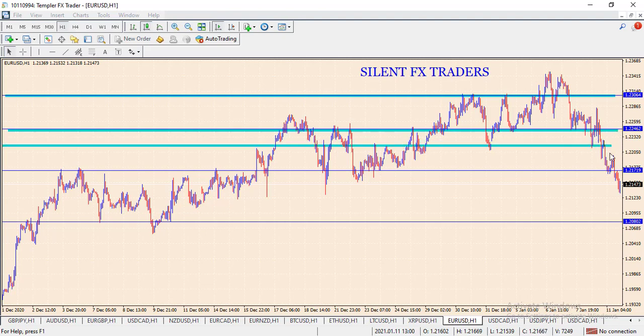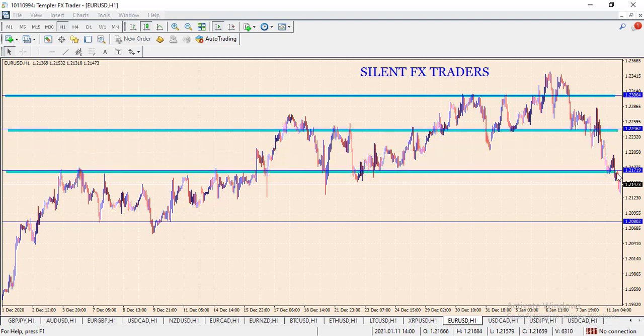This is our second level. This is our third level. And this is our fourth level. Now, we have already drawn our support and resistance level in an easy way. It just took us, guys, 3 minutes to observe our resistance and support level. Now, we are going to identify them in a simpler way.